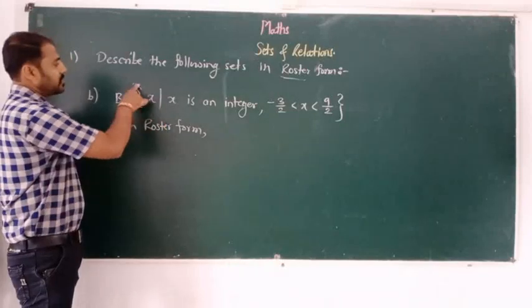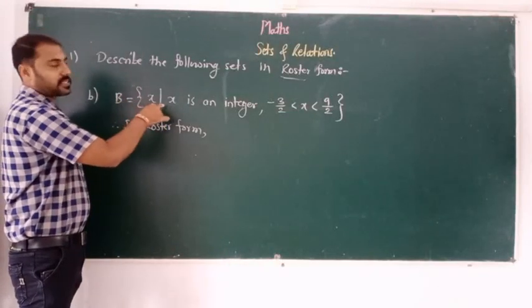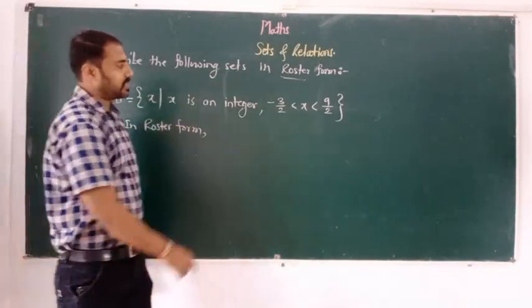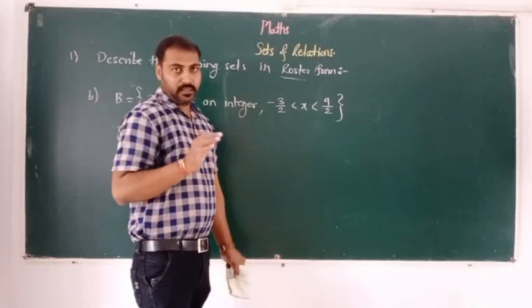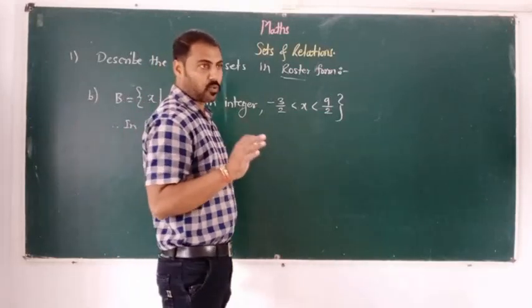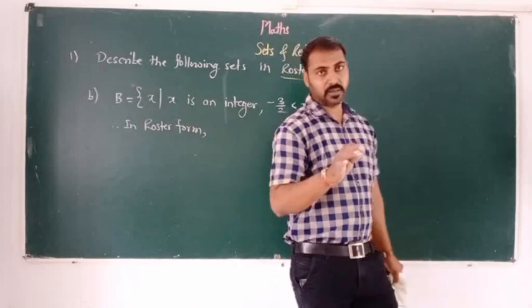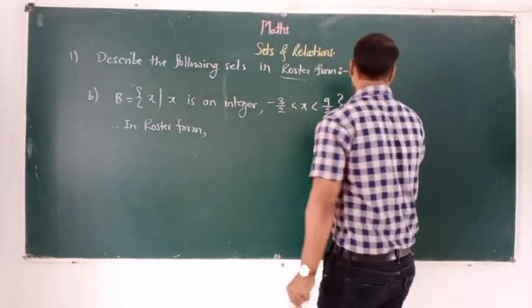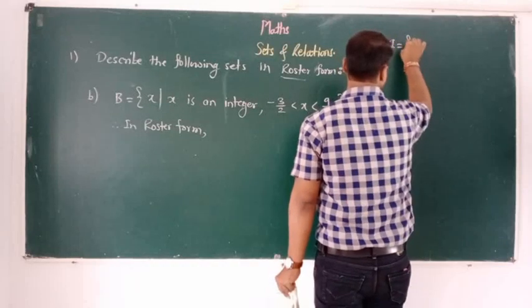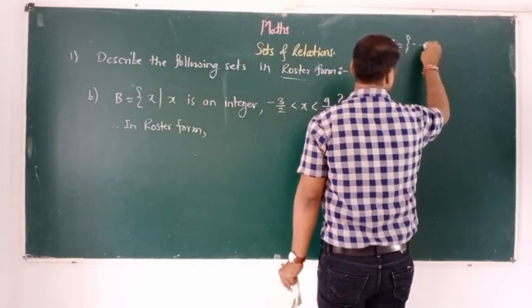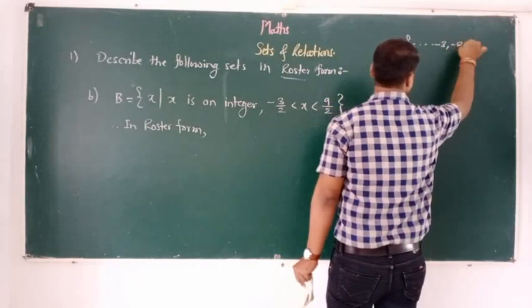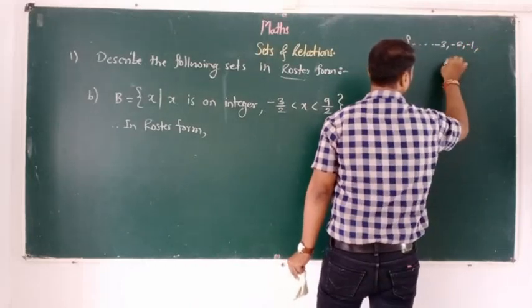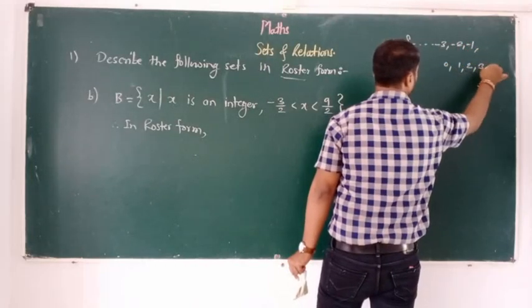B is a set of all x such that x is an integer. Integers mean whole numbers and natural numbers with the negative sign. I am writing the set of integers as minus infinity to minus 3, minus 2, minus 1, 0, 1, 2, 3, and so on.